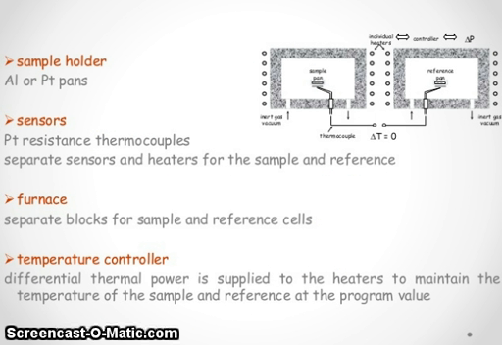Now sample holder, you can see here aluminum or platinum pans, platinum resistance thermocouples, separate sensors and heaters for sample and reference, furnace separate blocks for sample and reference cells, temperature controller: differential thermal power is supplied to the heater to maintain the temperature of the sample and reference at the program's value.